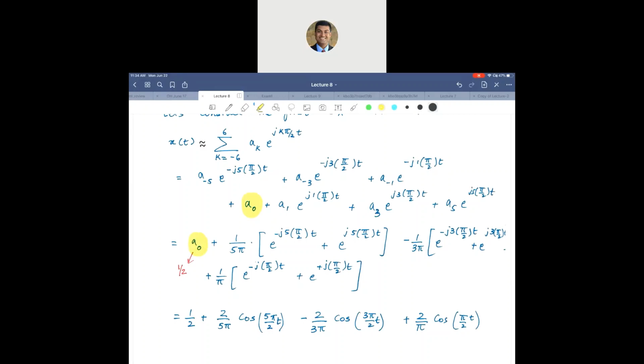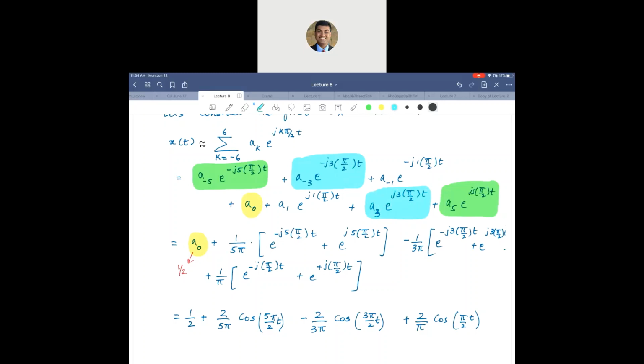Then you start combining the terms with like powers of the exponent. These two guys have e to the negative j 5 pi over 2 t and e to the plus j 5 pi over 2 t. So you can combine those. Next, you can combine these two guys, this and this.